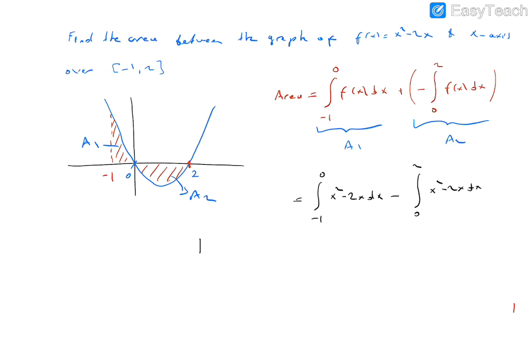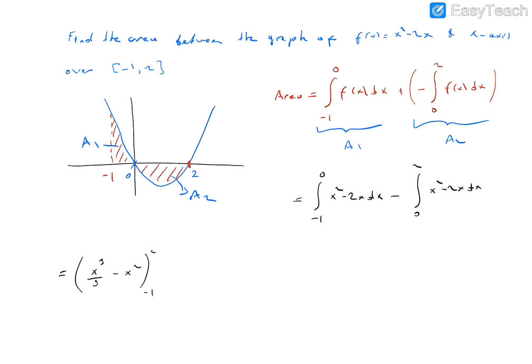You will observe this will be positive. So this equals the antiderivative of x squared minus 2x, which is x cubed over 3 minus x squared. We should calculate the difference of this antiderivative.